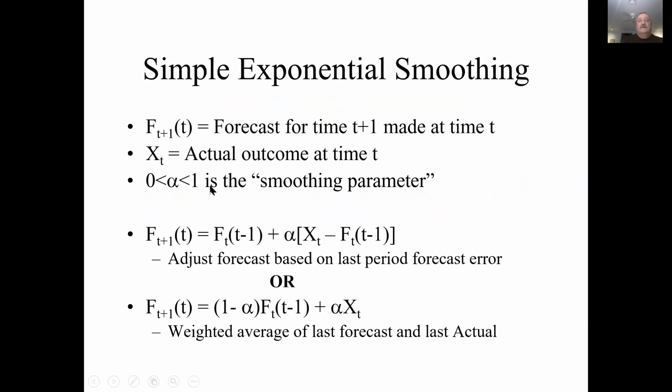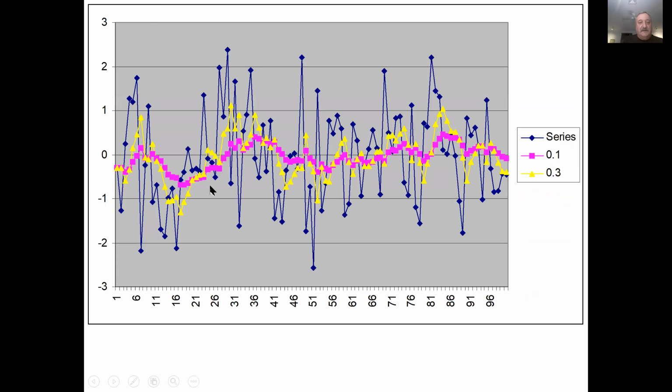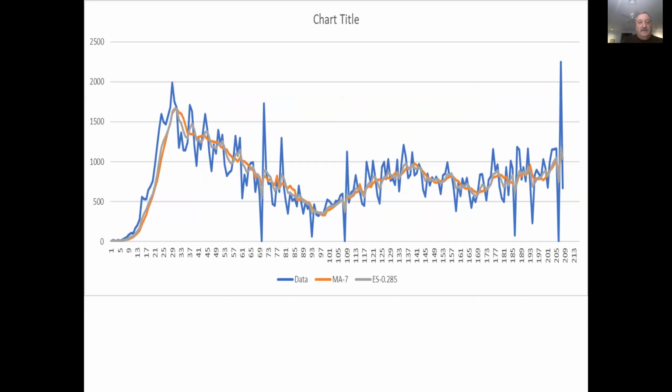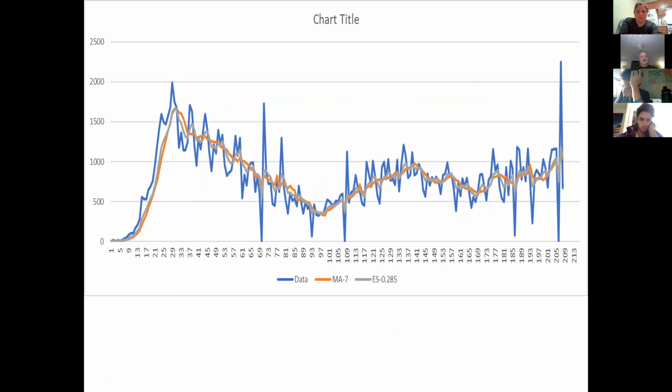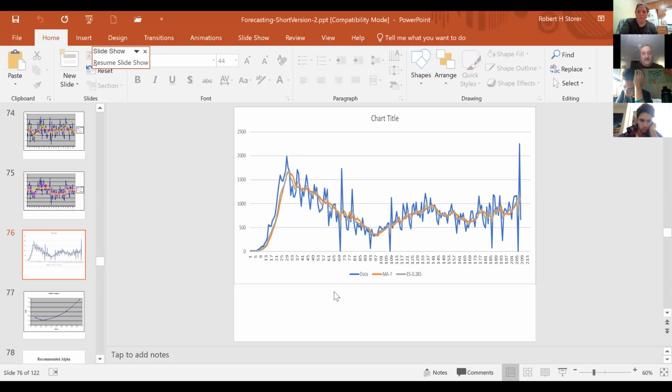I can't believe I didn't put that in here. The forecast error would be the value of the time series at time t, that's x of t, minus the forecast for time t made one period ago. So I'll write it in somewhere.